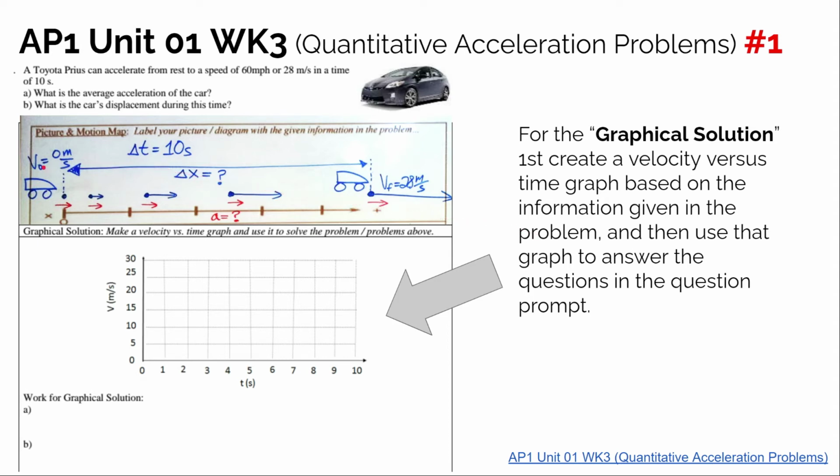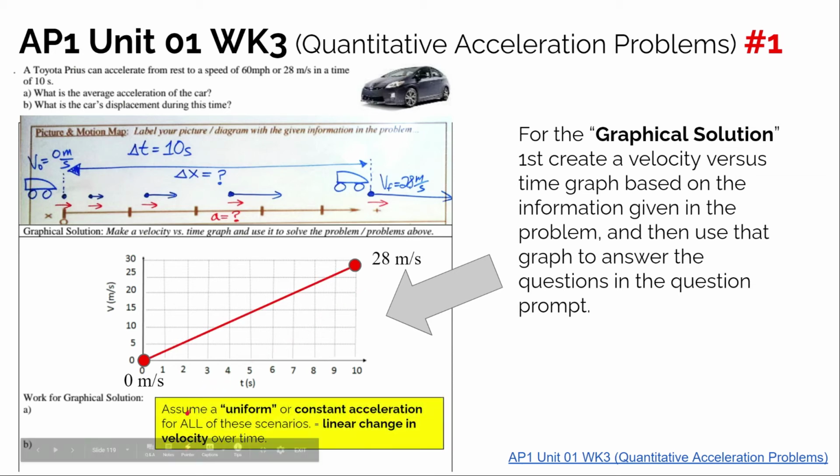At time 0, it started from rest. So at 0 seconds, it's got a velocity of 0 meters per second. And after 10 seconds, it has a final velocity of 28 meters per second. So at 10 seconds, we're going to put another dot right about there saying it's 28 meters per second. It doesn't say this, but we are going to make the assumption that there's a uniform or constant acceleration for all of these scenarios in this worksheet.